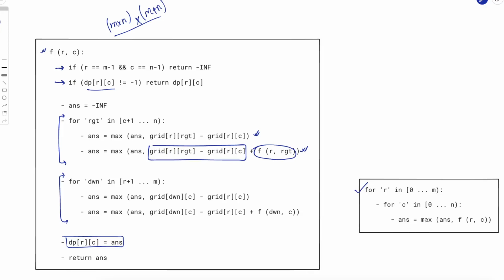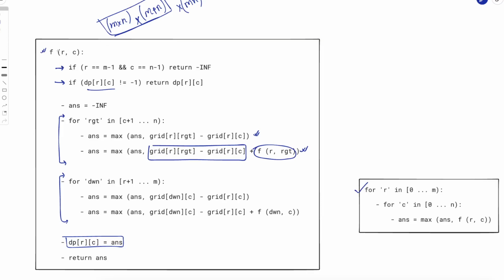Now it might look to you that, okay, we are calling this function m into n times, so the entire complexity will be multiplied by m cross n again. But that's not true, because what you have computed here is the time complexity for computing every possible f of r comma c, right?